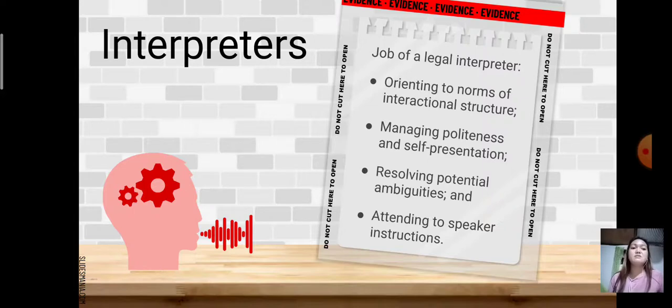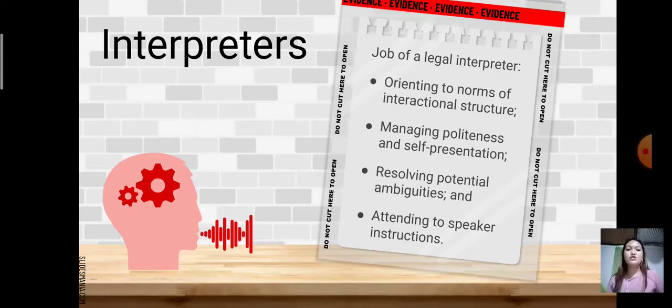She or he must manage politeness and self-presentation, resolve potential ambiguities, and attend to speaker instructions. So he must be oriented on how to interact, especially to the questions of the lawyers and the witness, on how to be polite at all times and present himself or herself as professional.